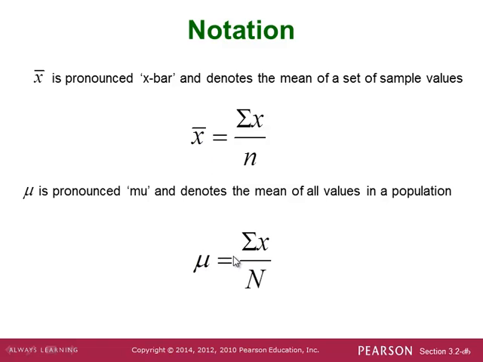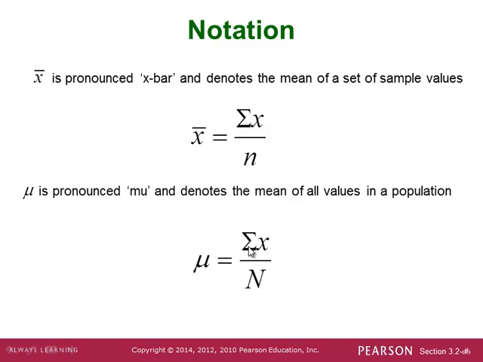Now, if you happen to know all measurements of the individuals in the entire population, then you could very well get mu by adding up all those measurements of the individuals in your population and dividing by the number of individuals in your population.